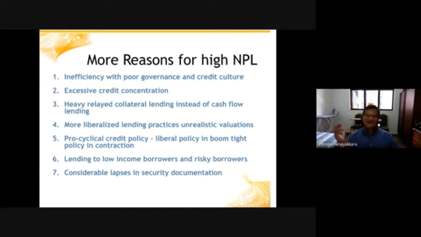More reasons here we have given: inefficiency or poor governance of credit culture. This is on the bank side. If you are very lenient in your credit policy and lend to non-creditworthy customers, and as a result you have non-performing assets, we call it poor governance and credit culture. It also creates excessive credit concentration.